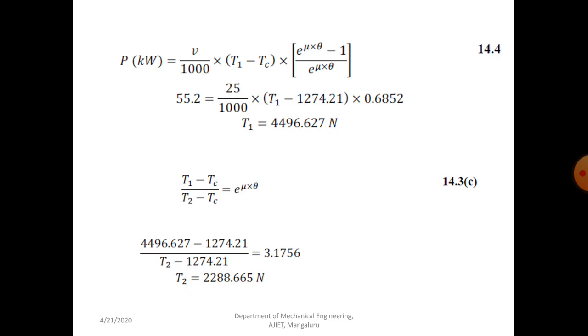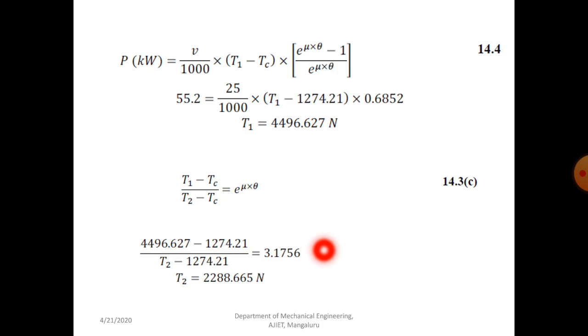Now how to calculate T2? T2 can be calculated with the help of equation 14.3c, that is T1 minus Tc divided by T2 minus Tc equals e to the power mu theta. T1 value is known now, so 4496.627 minus Tc value 1274.21, divided by T2 value which we have to find, minus 1274.21, is equal to e to the power mu theta, whose value is 3.1756.